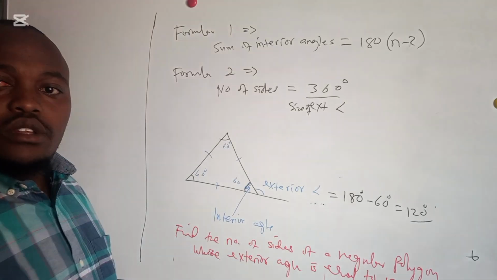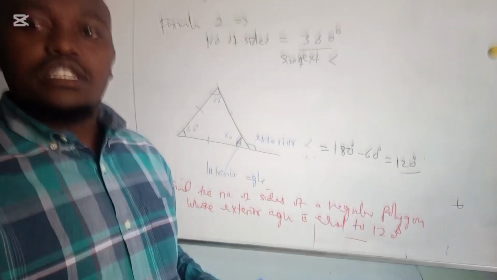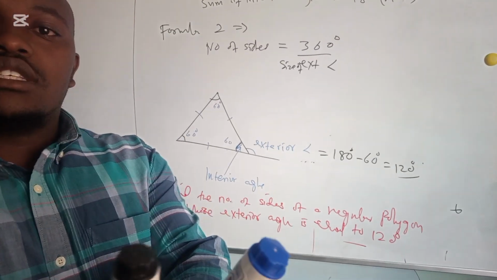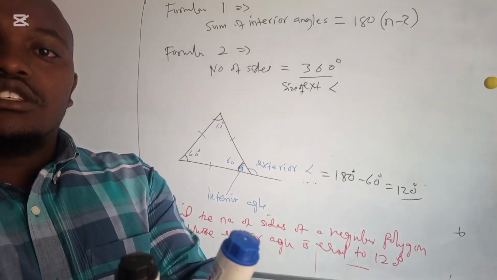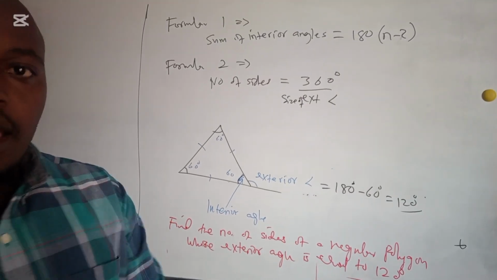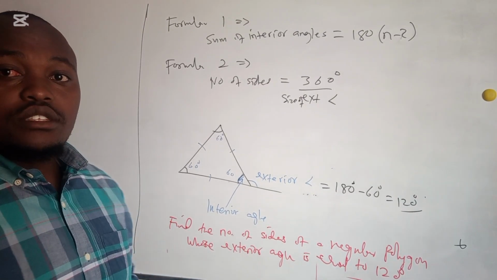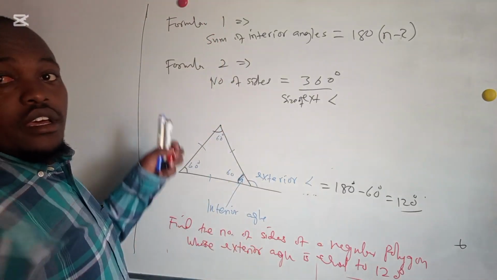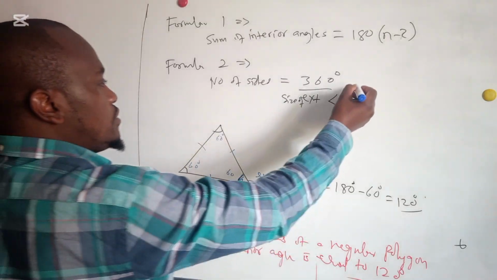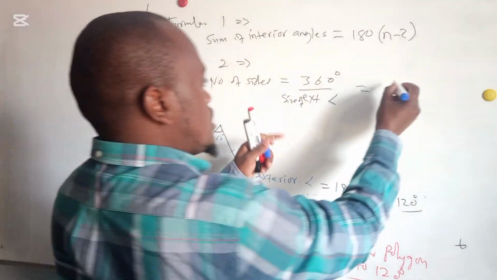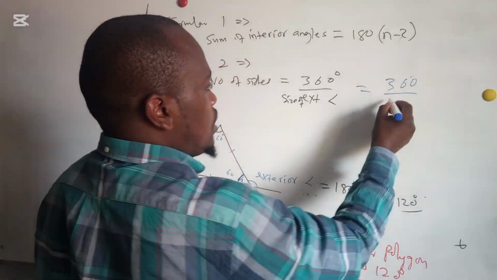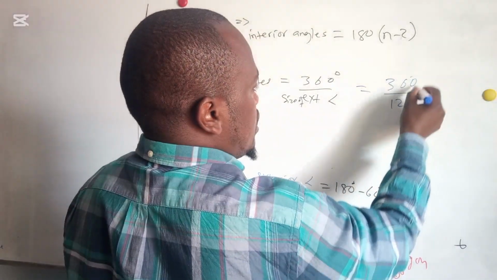How would you solve that question? You would take this formula. The number of sides is equal to 360 degrees divided by the size of the exterior angle, 120 degrees.